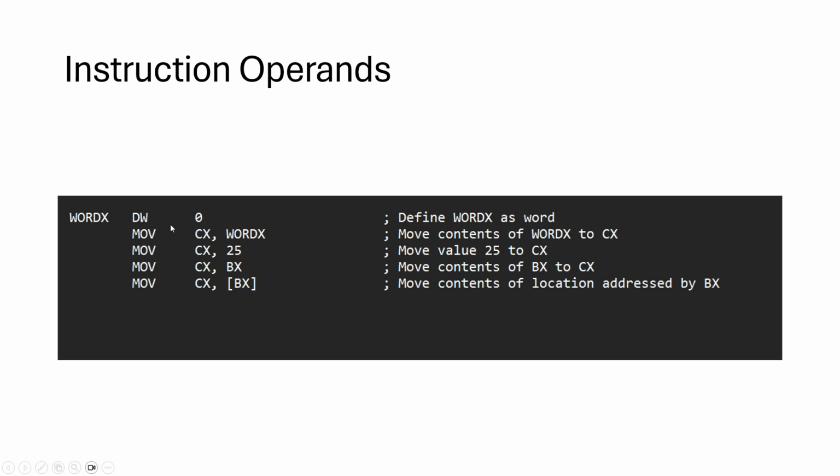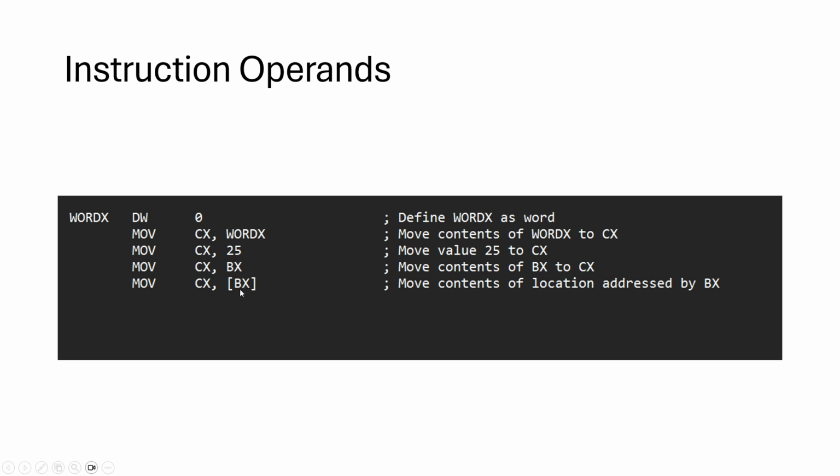In the second move, it transfers the data 25 into the register CX. Then in the third move, it will transfer the data between the registers BX and CX. So the value of BX will be transferred into the CX register.